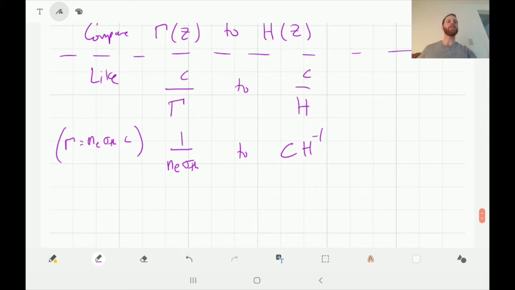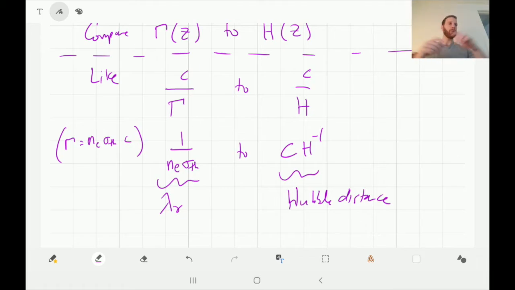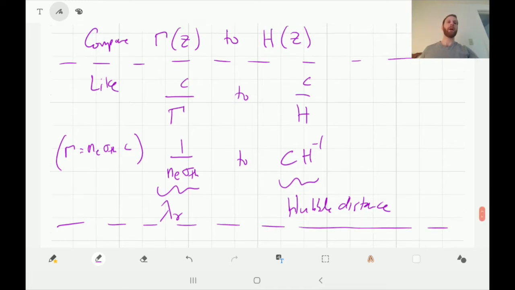So this is really the same thing as comparing the so-called free streaming length of photons to the Hubble distance. It will give us the relevant quantity. If the free streaming length of the photon becomes bigger than the observable universe size, then we say the universe has become transparent. But we'll follow along with Ryden and do this.